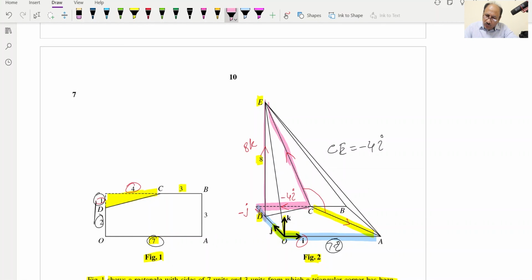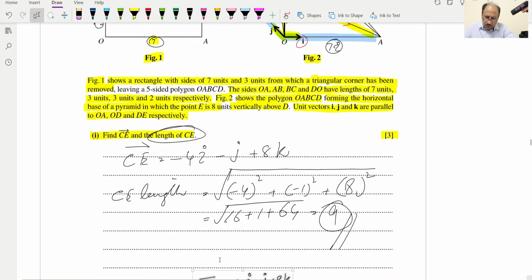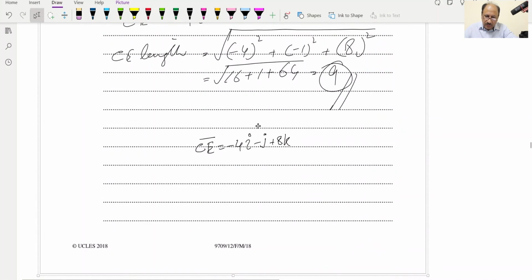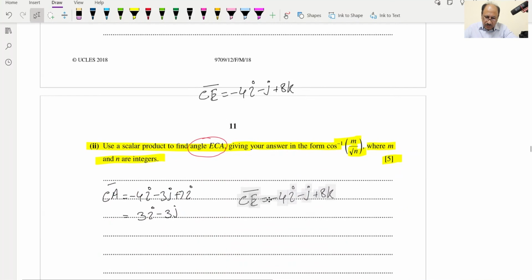So minus 4i minus j and plus 8k. This will be our value for CE, and we can move this vector also to our required location, over here. This is our CE.